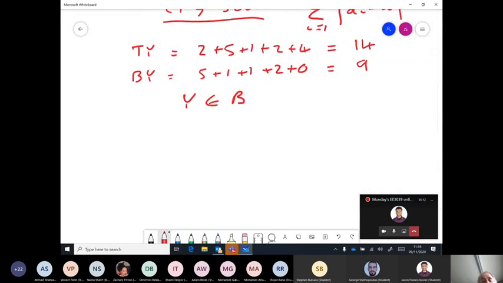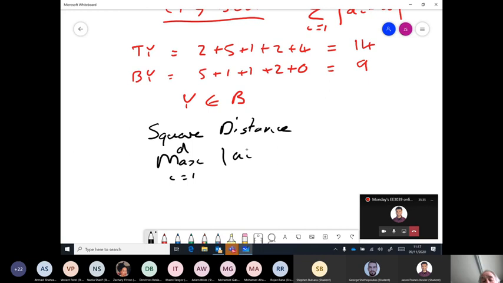Right, if I now go to the square distance, now the square distance is the maximum operator of i equals 1 to D, again D is 5, of the mod Ai minus Bi.